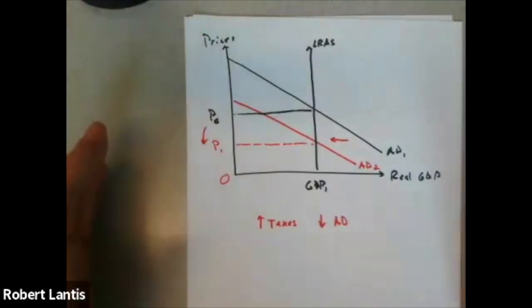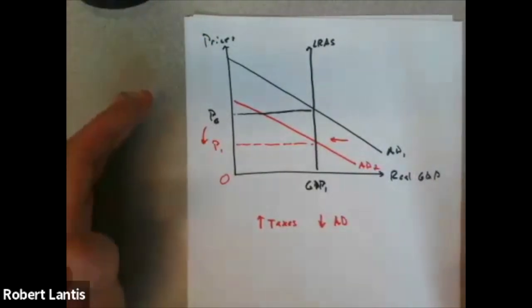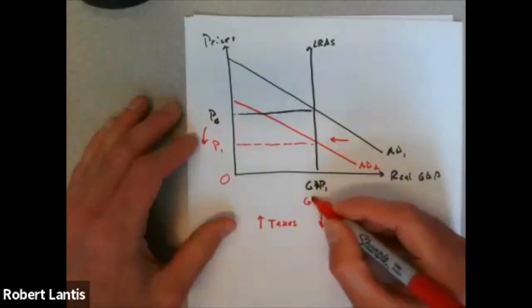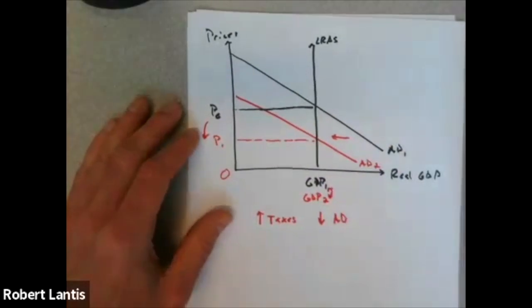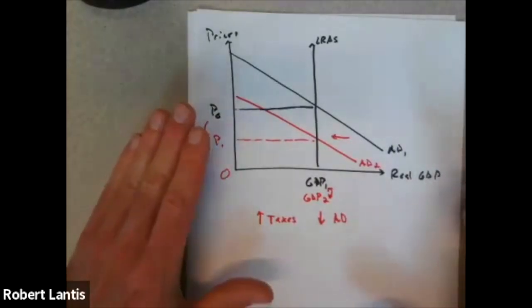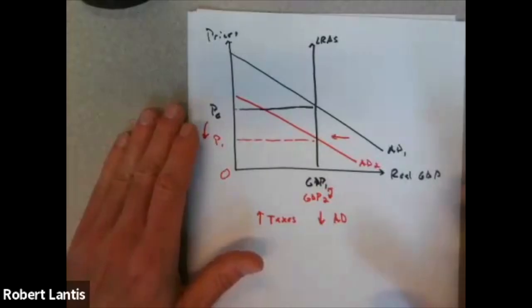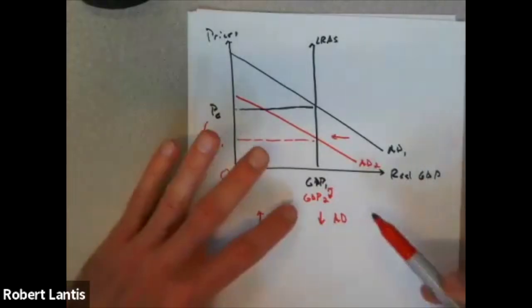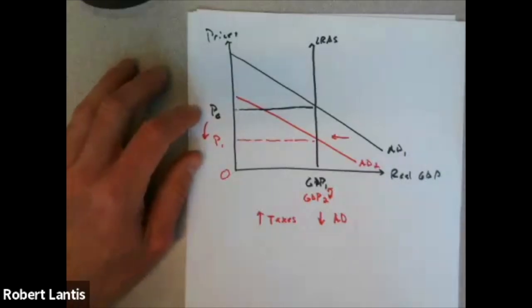But notice when we have aggregate demand changes, if long run aggregate supply does not change, our real level of GDP will also not change. So this is where we said any shift in aggregate demand will not change our long run GDP. So real GDP stays the same. If prices are lower, we're seeing deflation.